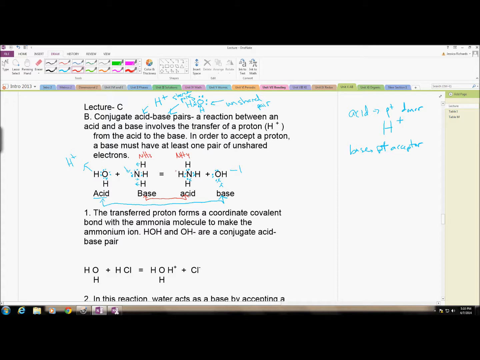And because what it picked up was a hydrogen +1 ion, on this unshared pair of electrons, the whole polyatomic ion picks up this +1 charge. So in the forward reaction, the H2O is our acid, and the OH- is our base in the reverse. The NH3 is our base in the forward reaction, and the NH4+ is our acid in the reverse.